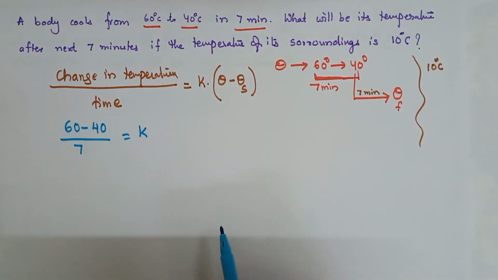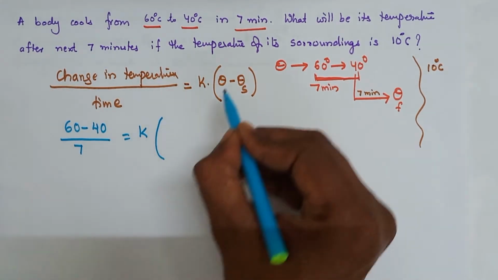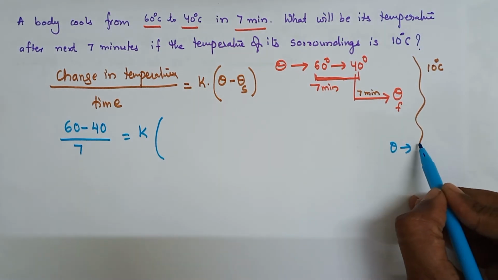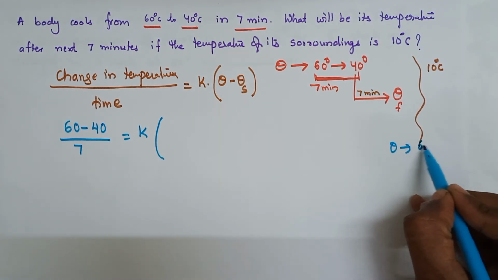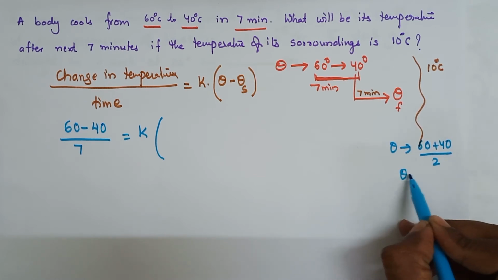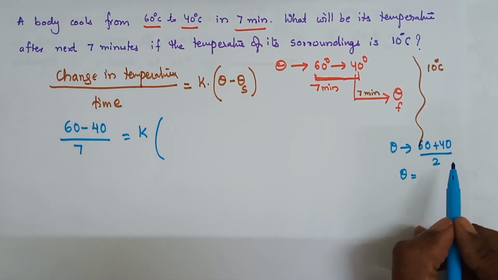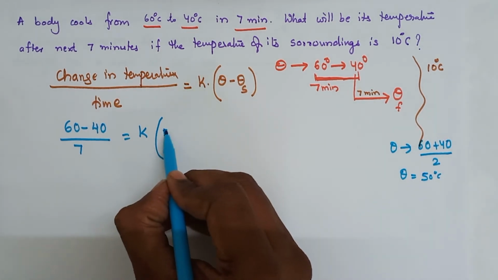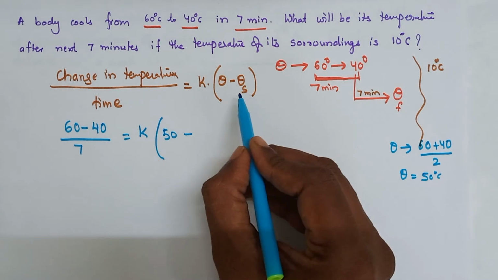This constant k is there. Now what is theta here? As I said in the last problem, we take the average of the two temperatures, which is 60 plus 40, 100 by 2, 50 degrees centigrade, minus the surrounding temperature.